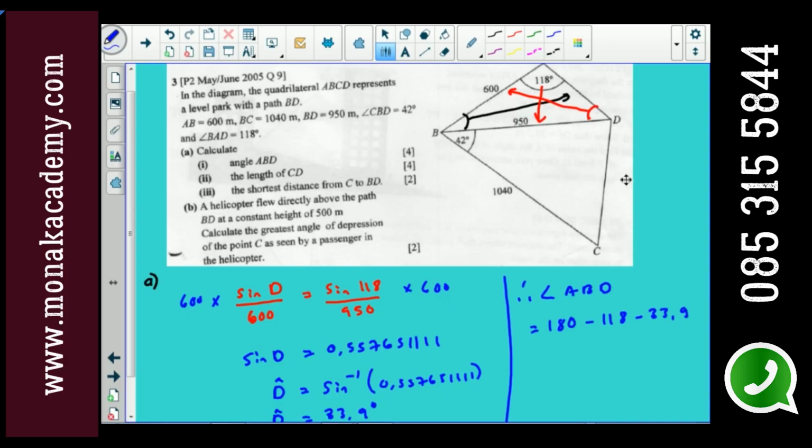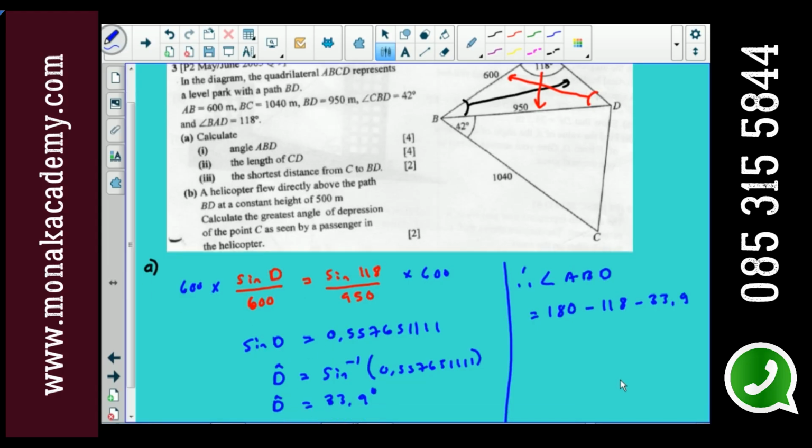Because we know that the total of all the angles in a triangle must give us 180. We now have two of them, so we should be able to find the rest.